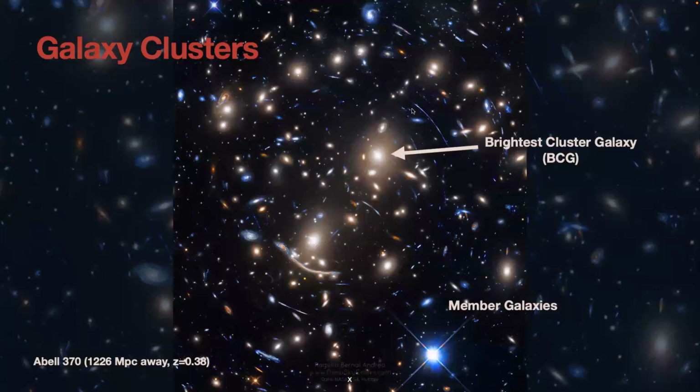There are other interesting features of the galaxy cluster, including something called gravitational lensing. It's called strong gravitational lensing because you can actually use it to constrain the total mass of the galaxy cluster, including the dark matter, just by looking at the curvature of the strong lensing. And strong lensing can also be used as a technique to study high redshift galaxies, because the galaxy that gets lensed has by definition to be behind the galaxy cluster.